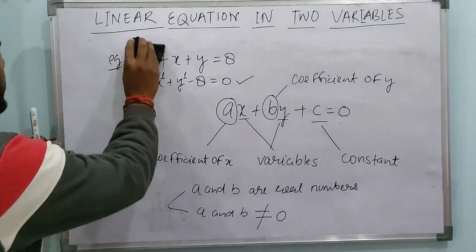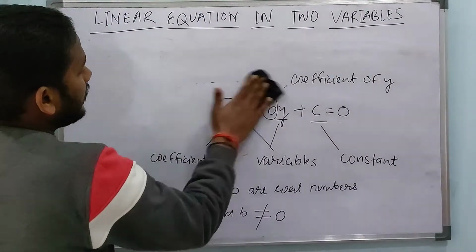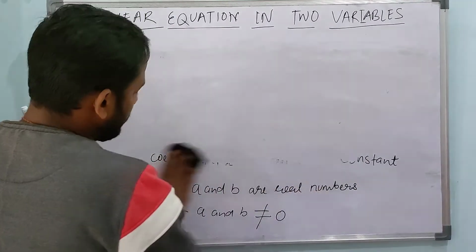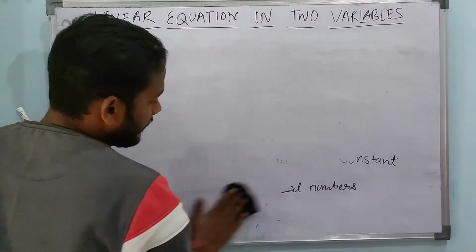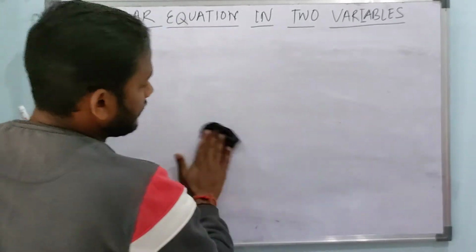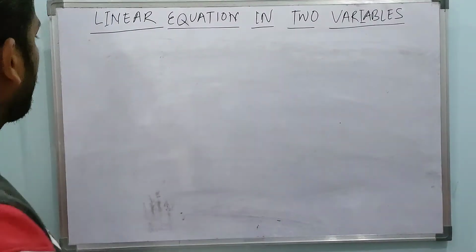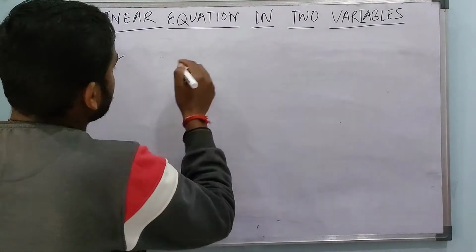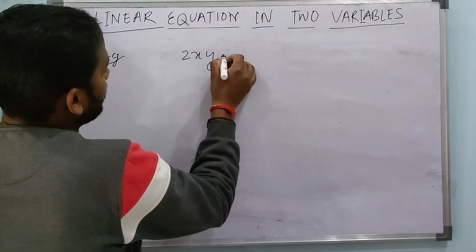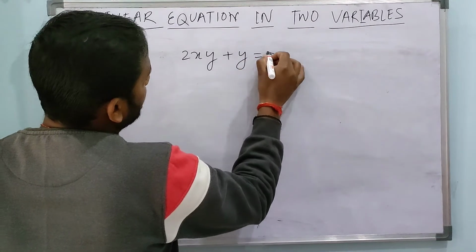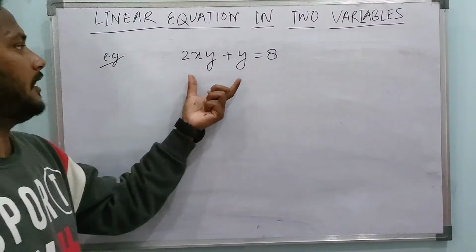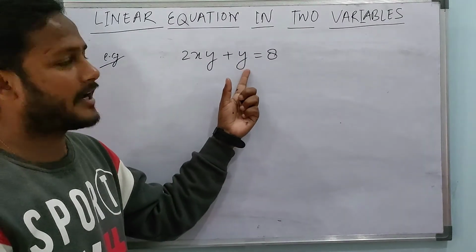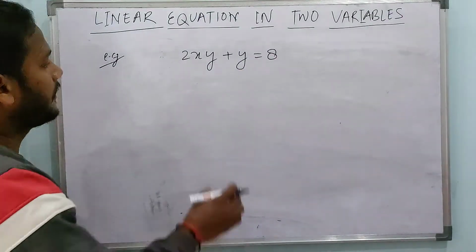Now let's take another example: 2xy plus y is equal to 8. If we observe, there are three terms: 2xy, y and 8.